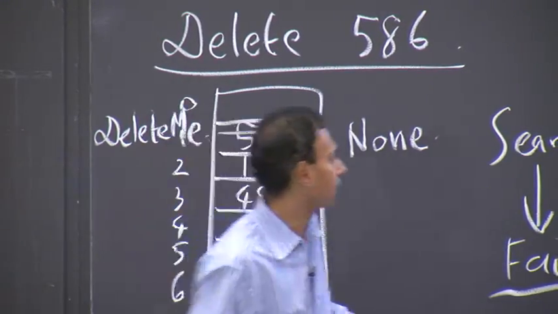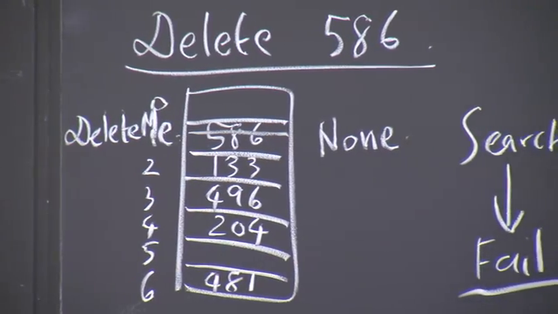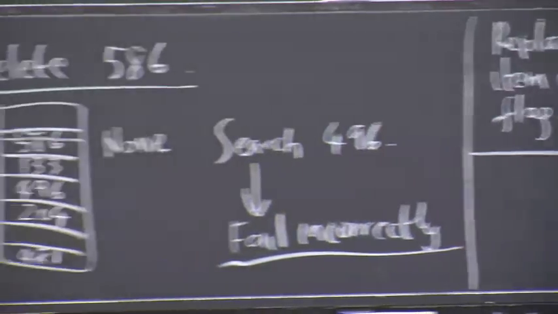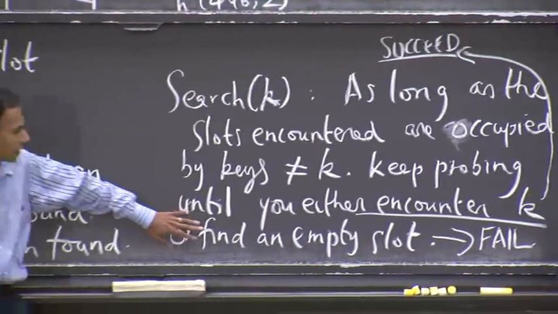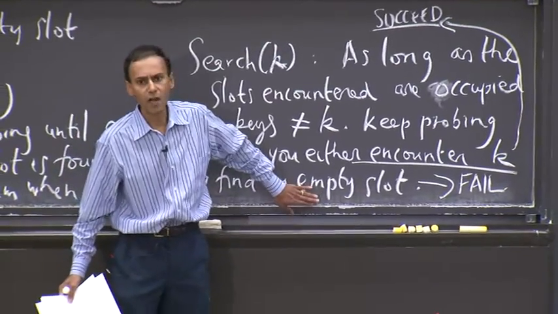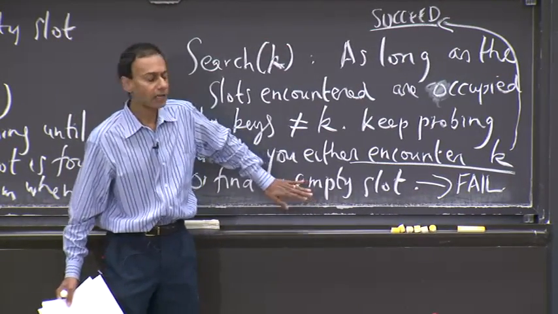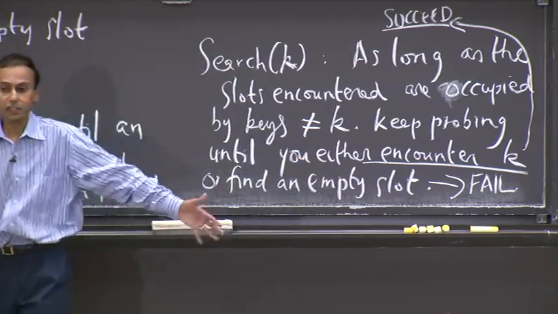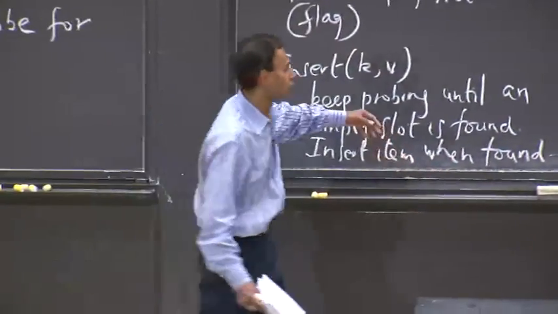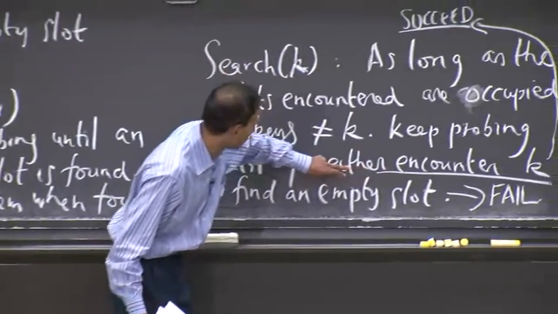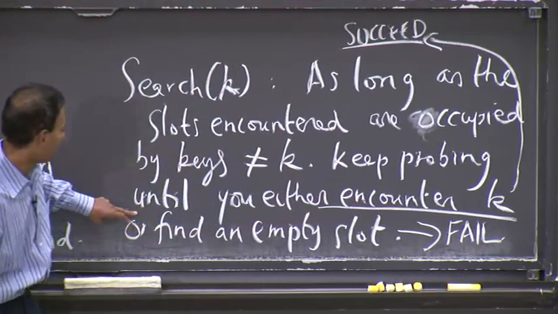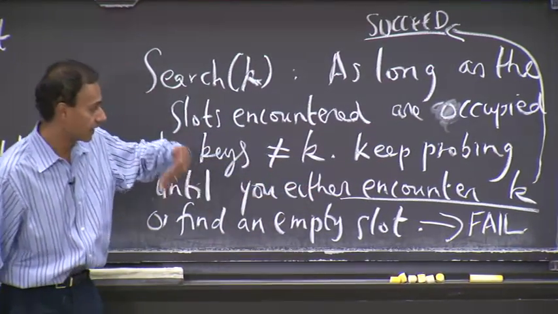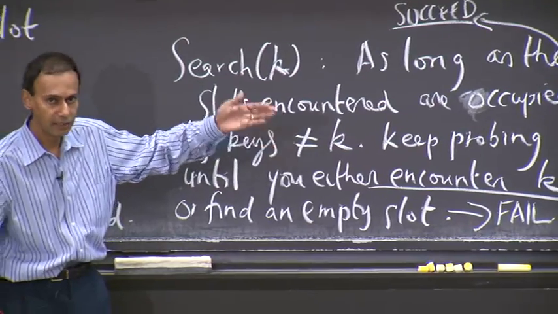In particular, you'd have to modify this slightly because the notion of an empty slot means that you're looking for none. In some sense, this pseudocode doesn't really change, because you'd either encounter k, or even if you encounter a delete me, you keep going.